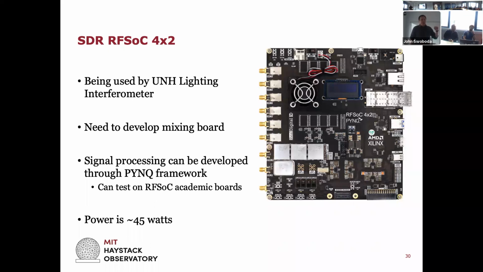These RFSoC boards, they're about $2,500 each. So it's actually a rather good price, but they are a bit power hungry, around 45 watts. We were hoping to use the Aurora board, which was the radio that was going to be used for Aerovista. And it's just far too expensive right now for what we need.